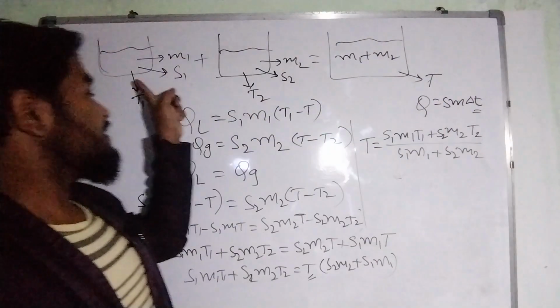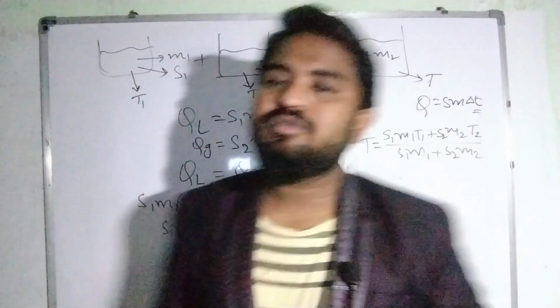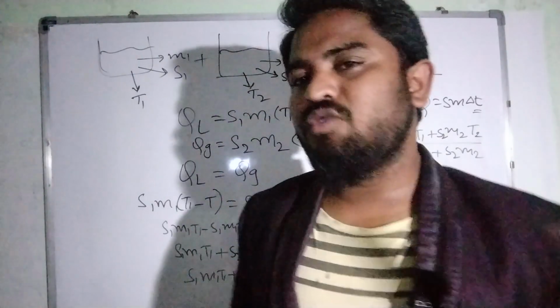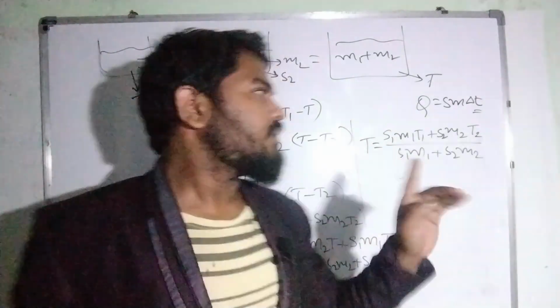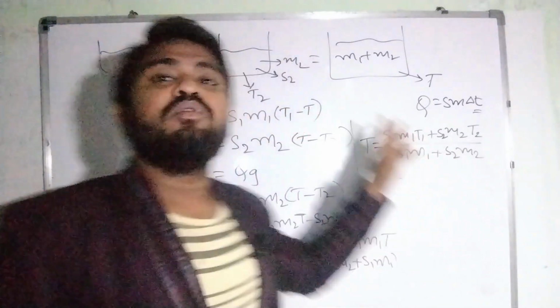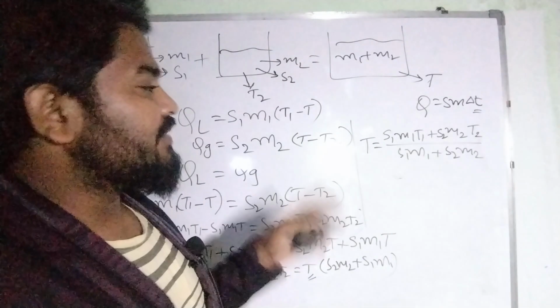Here, if these two are different substances, then we have to use the values of S1 and S2. No issues, it would not be in the 10th standard syllabus, but in case they ask, you have to use this formula. If both are the same substance, then S1 and S2 will be similar.